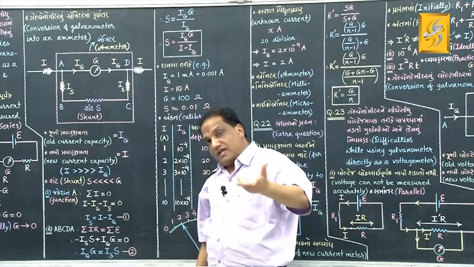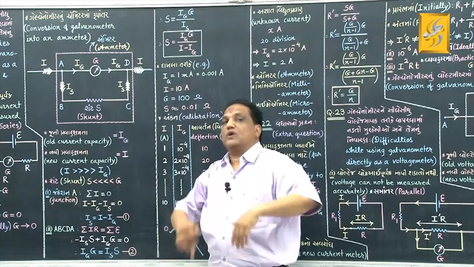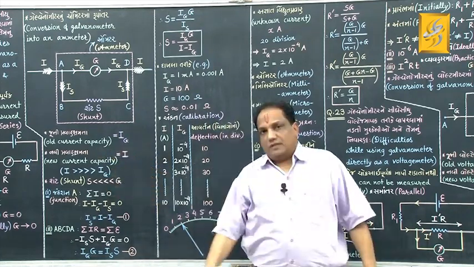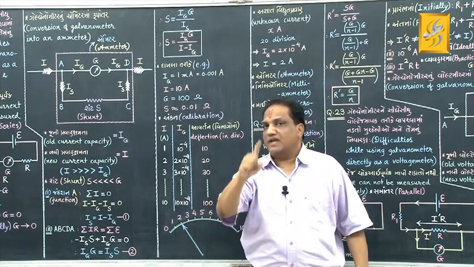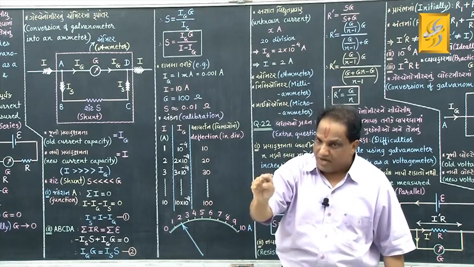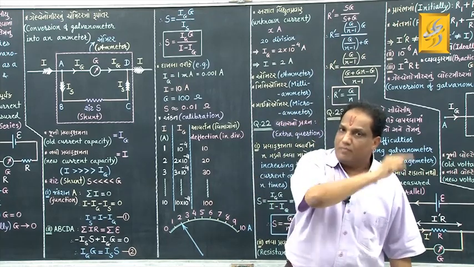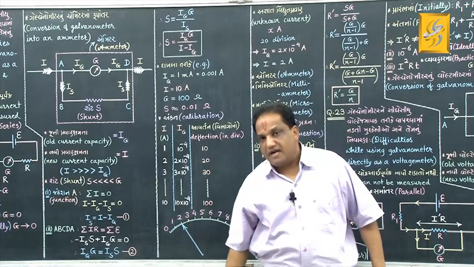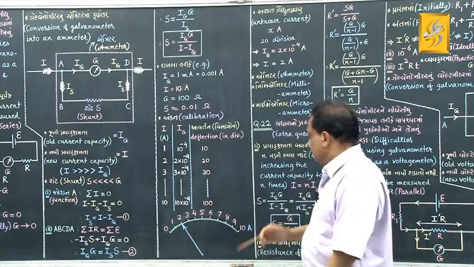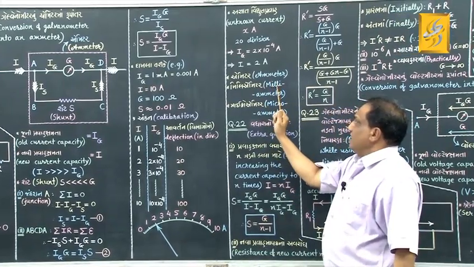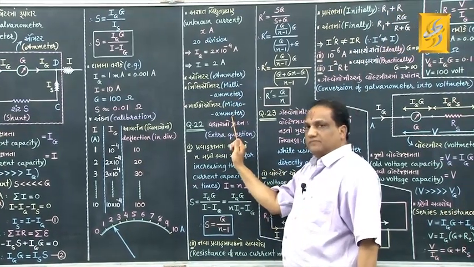If you could have done the calibration in terms of milliamperes, you could have got milliammeter, correct? This is how, by calibrating the scale of given galvanometer properly in ampere, milliampere and microampere respectively, we can get ammeter, milliammeter and microammeter. Got it?